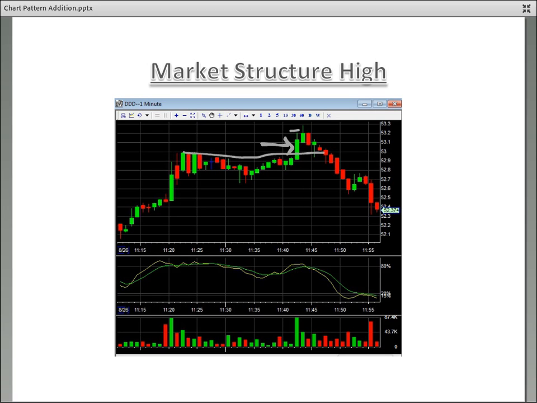Then you got your higher high. It's not much of a shooting star, because it needs to be double the wick. But what I'm trying to pose here is that you should be looking for hammers or shooting stars, including with the market structure highs and lows. Okay, that's good. K period equals 15. D equals 5. Slow equals 3.